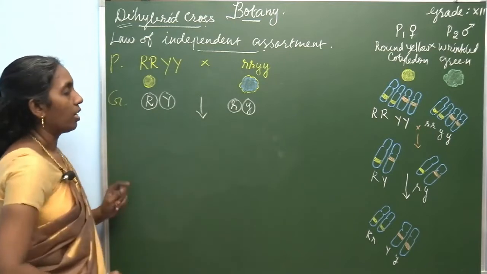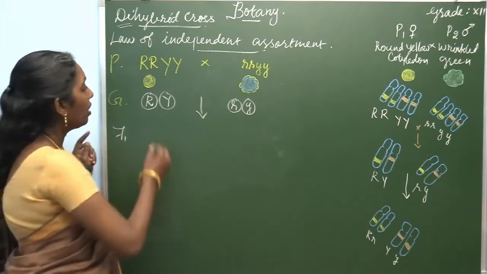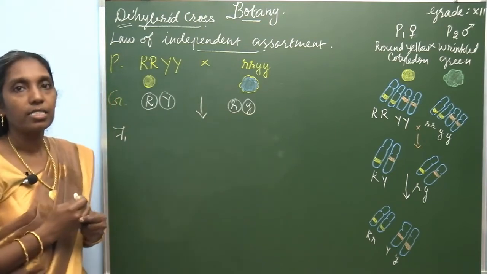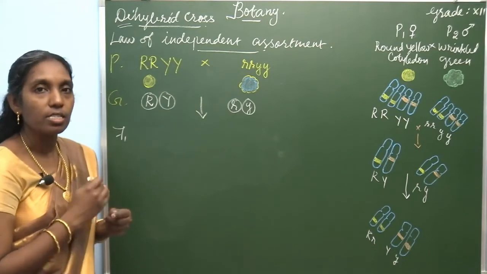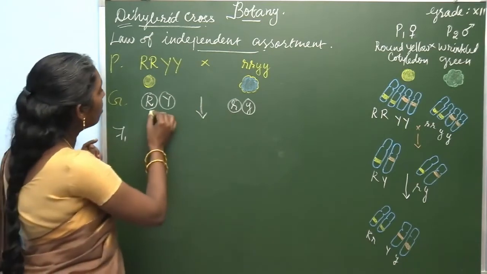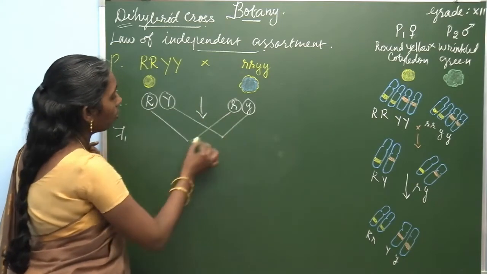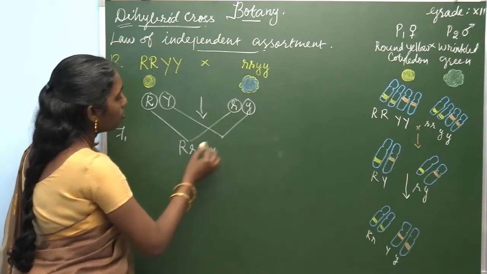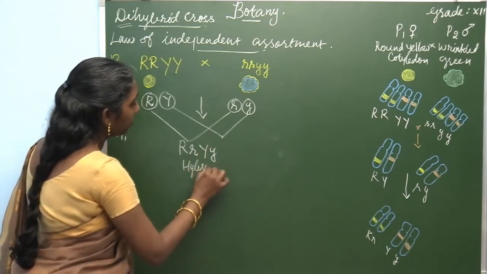In the F1 generation, the first filial generation, all these pairs of contrasting characters are combined, so it's called a hybrid. So it gives capital R, capital Y, small y. Now this is called a hybrid.